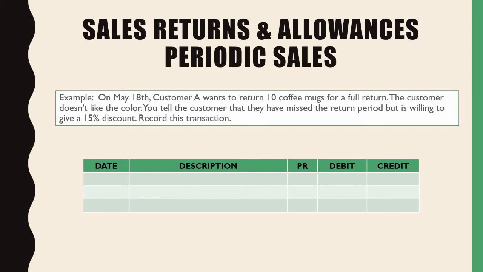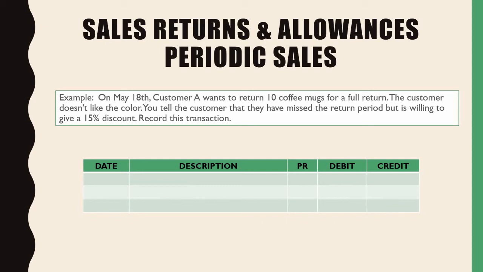So saying sorry, we cannot give you a full refund. Then this person was just nagging at us. They're saying, I don't care. I'm unsatisfied, whatever it is. And then of course, you still want to keep them as your customer. So you just give them a generous 15% discount on top of that, saying, you know what, I get it. I'm sorry. I understand that you bought the wrong color, but you know what? How about this?